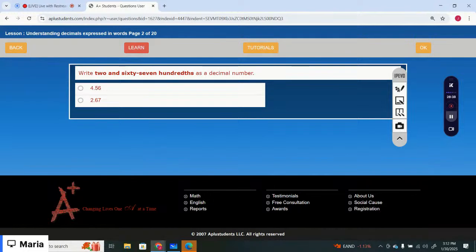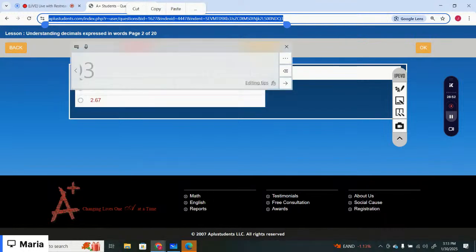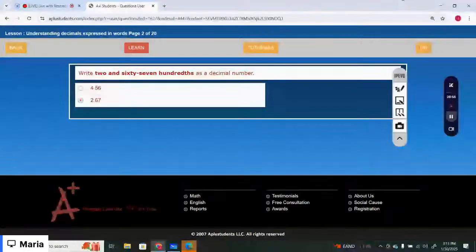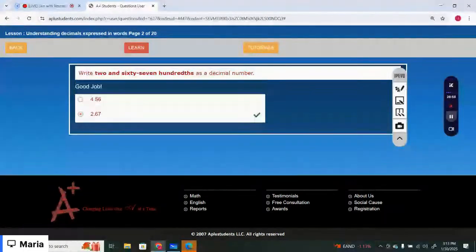Write 2 and 67 hundredths, which is the correct option? That is 2.67. Option number 2 is the correct option.